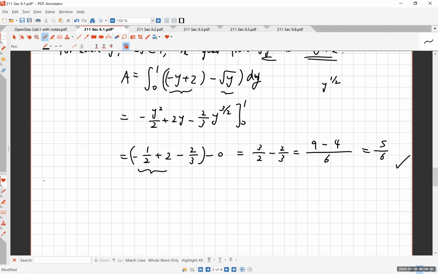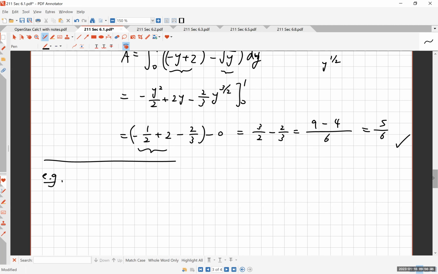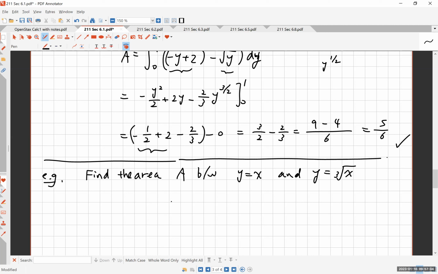All right, so now let's do another example on finding the area of the region, okay? This time, here's the question: find the area between y is equal to x and y is the cube root of x.